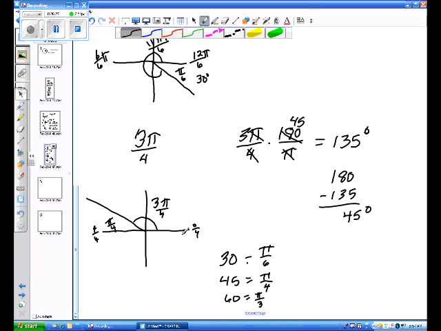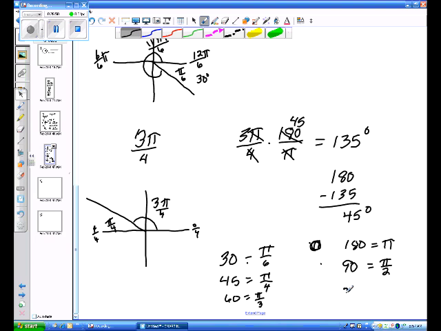Now, we just looked at our quadrants. 0 was 0, excuse me. 180 was pi. So 90 is halfway between 0 and 1, so 90 would be pi over 2.